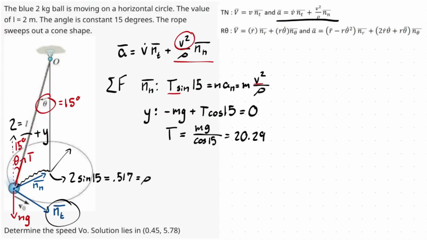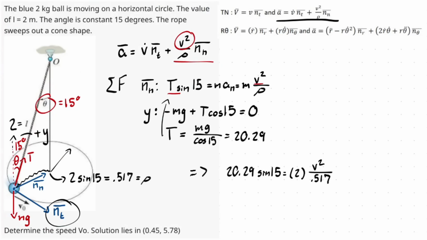Now we can plug this T back into this top equation. So let's do that down here. 20.29 times the sine of 15 equals our mass, which we said was 2, times v squared over our rho, which was 0.517, right?